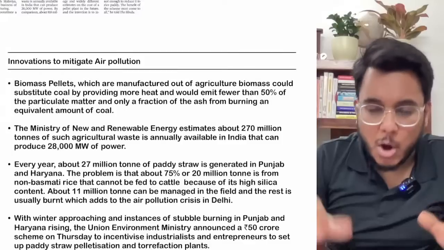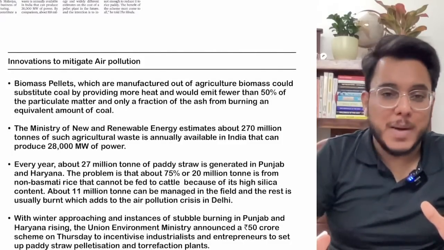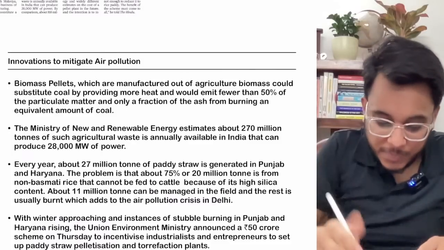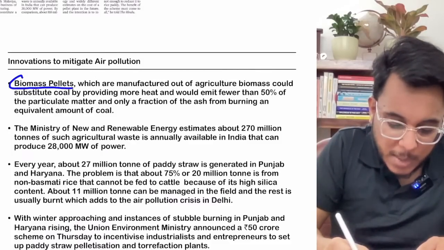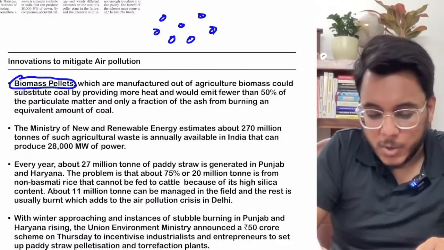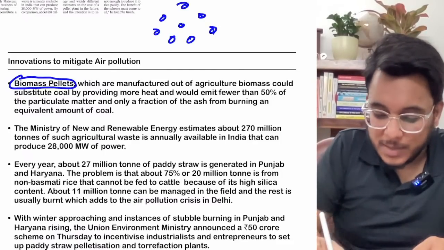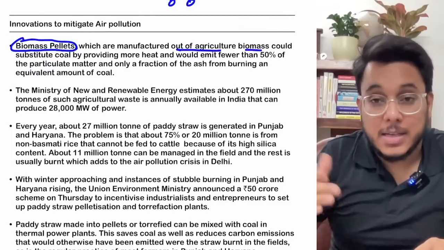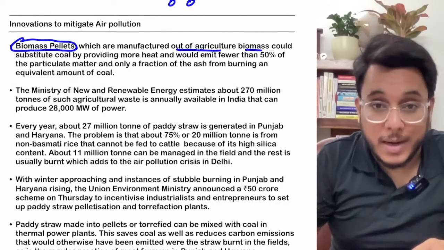So that is something that has been talked about. Now a little bit we'll talk about biomass pellets, or the pellets that can be made from stubble. Biomass pellets are very small pellets manufactured out of agricultural biomass. They can be made from stubble, they can be made from sugarcane biomass.